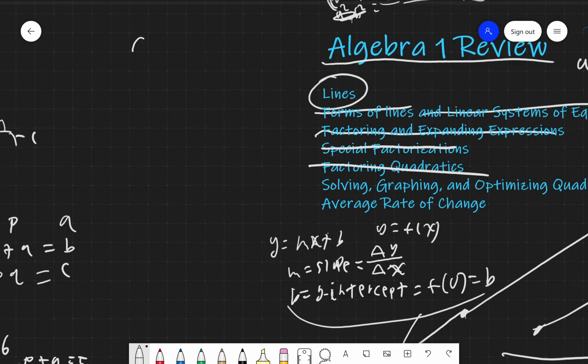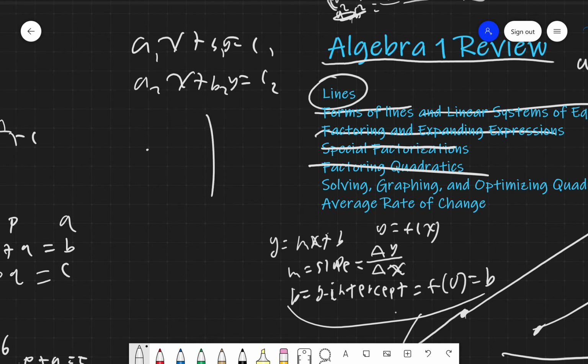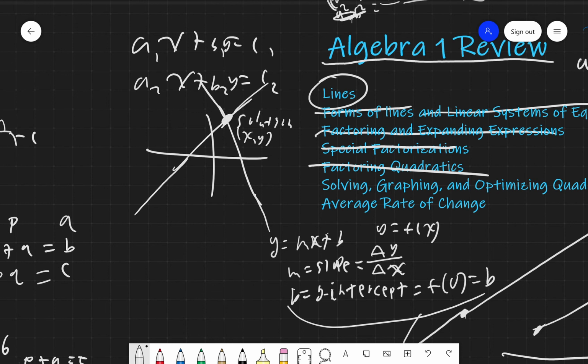If we had two equations, a1x plus b1y equals c1, and a2x plus b2y equals c2, and we graph them, they intersect at a point. Otherwise, they keep going away from each other. At this point, that's the solution. Sorry about that, I just wanted to get that out of the way.